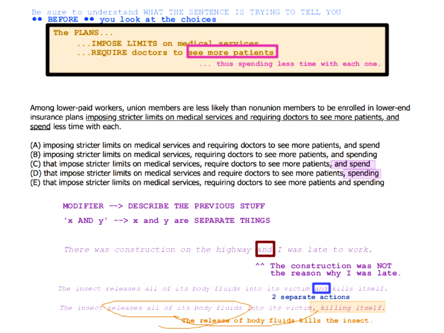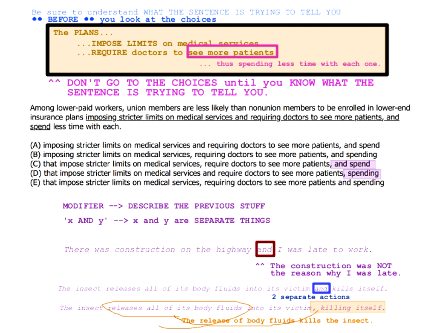That's the most important step of the process. But again, you should not even be looking at the choices until you know what the sentence is trying to tell you, which in this case is this.